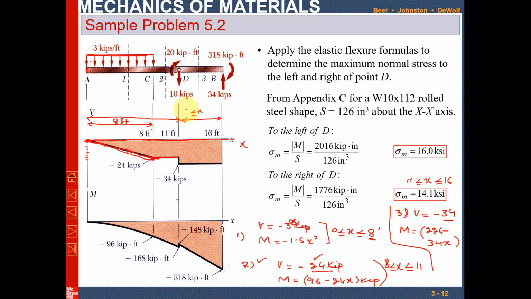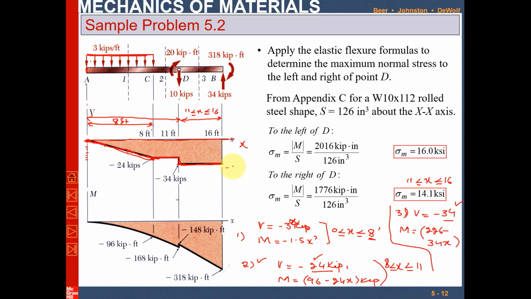So the shear force is minus 34. It means this is minus 24 and you again go 10 more downward, so from this point to this point the total is minus 34. So this will be the point, and from x greater than or equal to 11 and less than or equal to 16, until 16 it will be the same constant value.